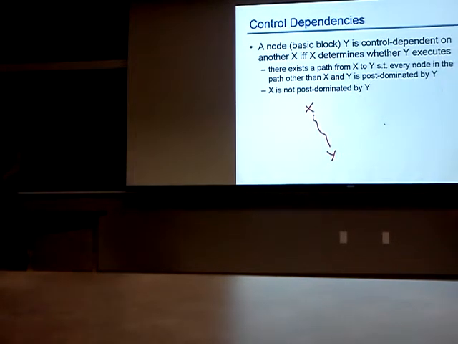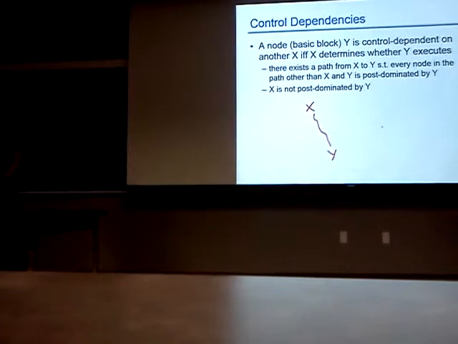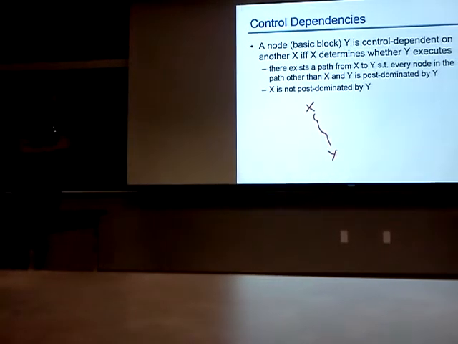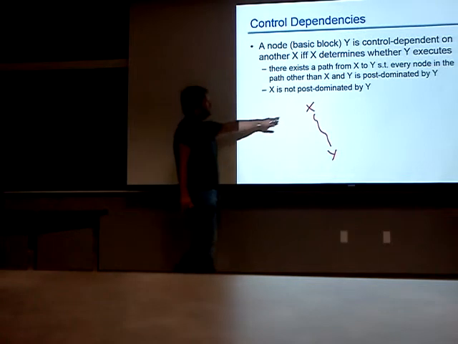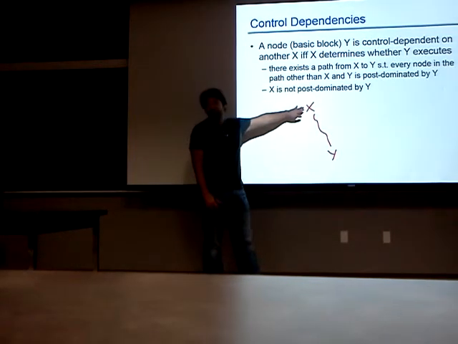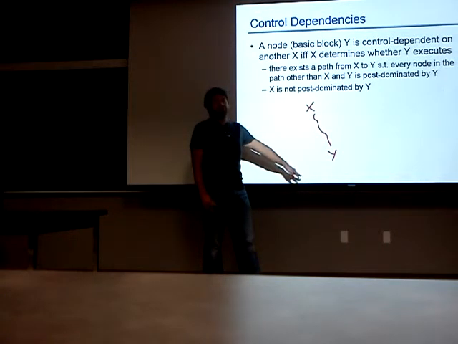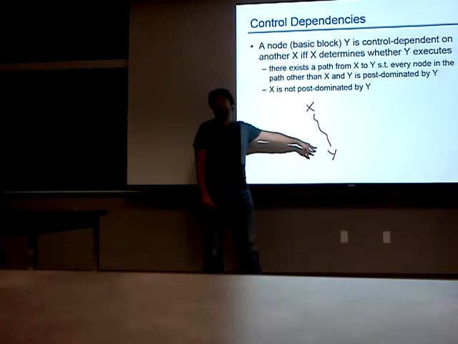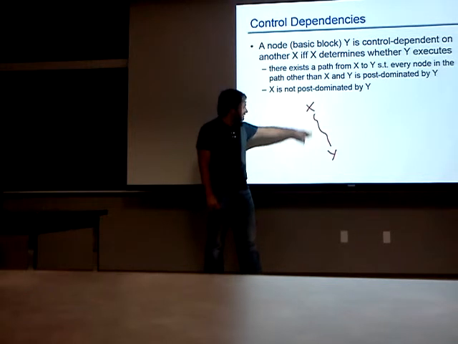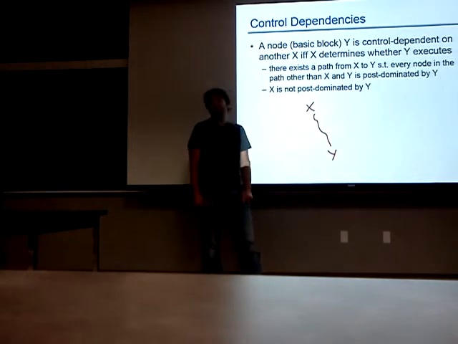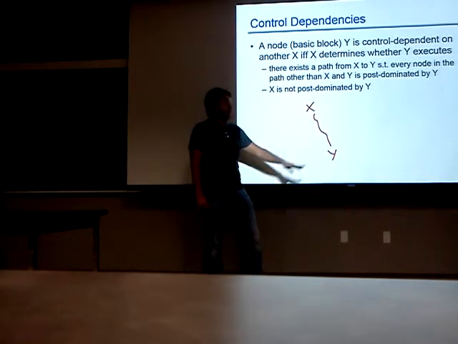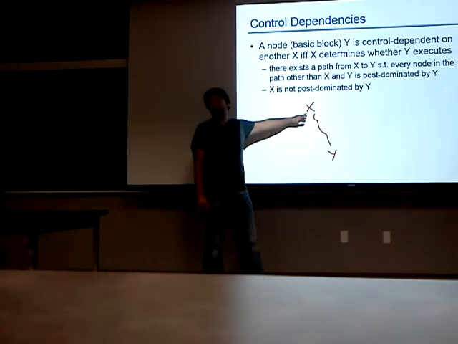Yes, that's right. Let me say that again. Say we're at X, okay? And every path from X to the end of this procedure has to pass through Y. So if we want to get to the exit, we have to pass through Y. Then we say that X is post-dominated by Y. Okay?